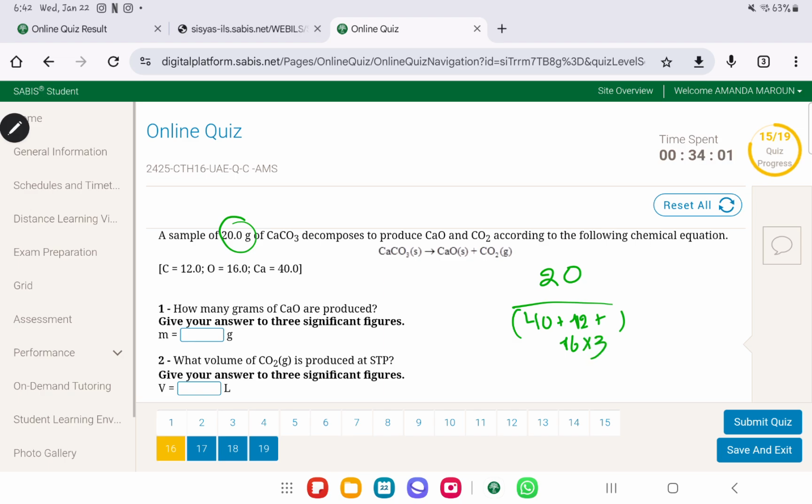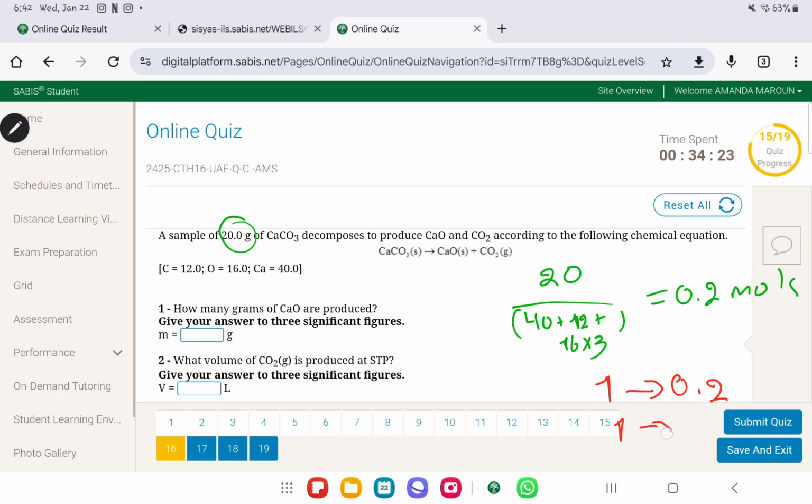So on the calculator, 20 divided by 40 plus 12 plus 16 times 3 will give us 0.2 moles. Now they need the grams of CaO produced. So 1 mole of CaCO3 gives us 0.2 mole.